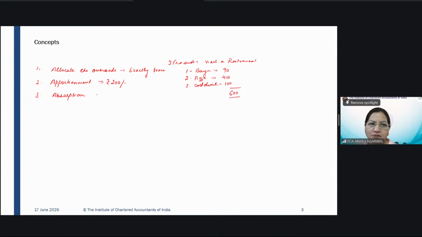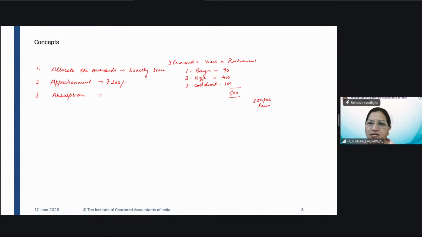Now, what is absorption? Absorption could be like a buffet restaurant where you pay, let's say 300 per person, and then you consume whatever you want. So if it is a buffet, you've paid 300 per person.